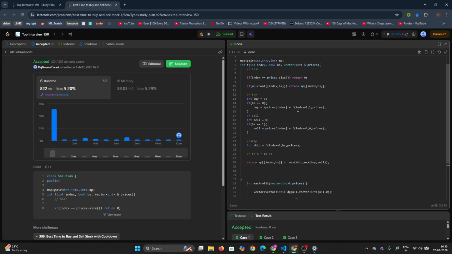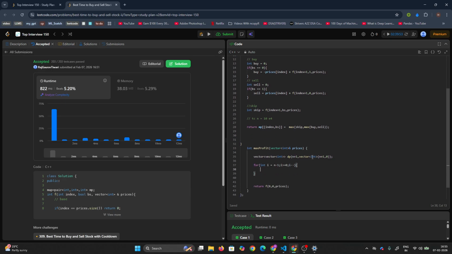Because at this point we need to call the value which is further to it. While filling the DP table, we are filling it from the back. We start from the back in this tabulation format, because in the recursion, our recursion was going till the end, till n, to find the final answer. So we need to start from n, because we will keep computing the answer below.